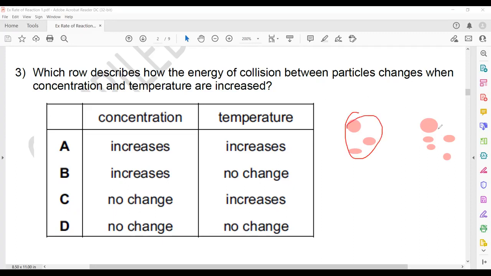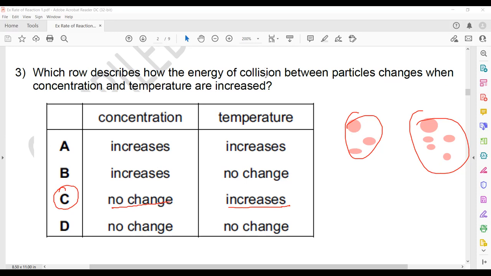The concentration does not have any relation with the speed of the particles. So the energy of the particles will not change with concentration. But when we increase the temperature, the speed or energy of the collision between the particles will also increase.